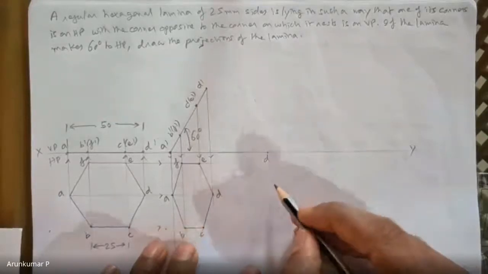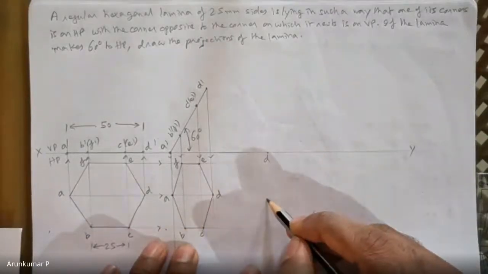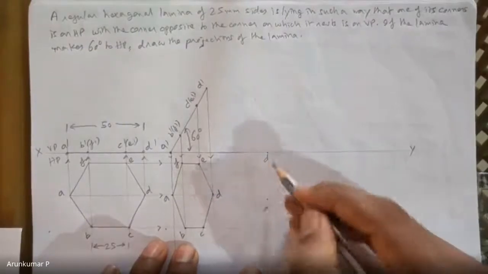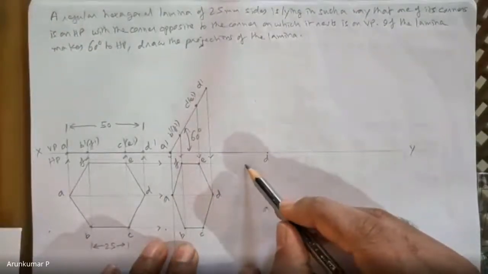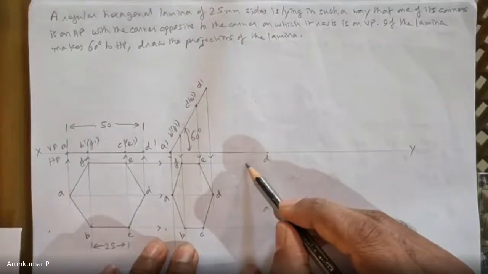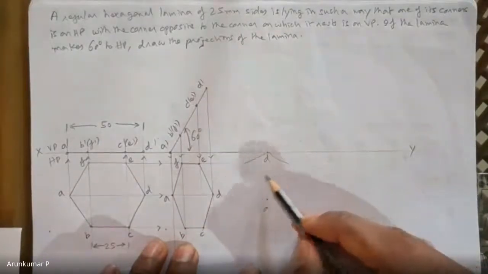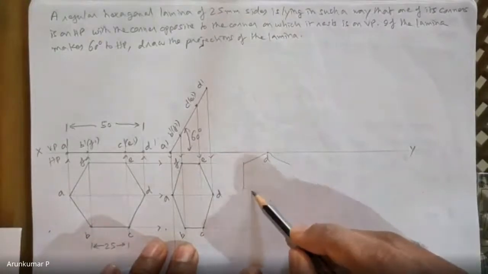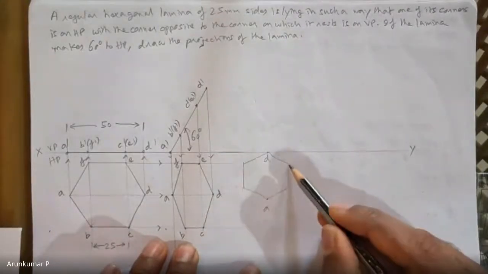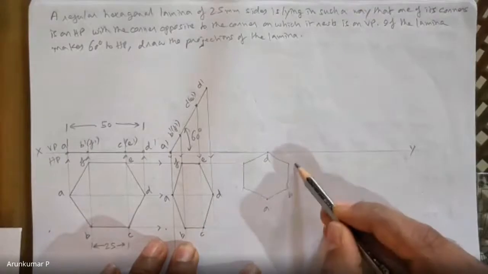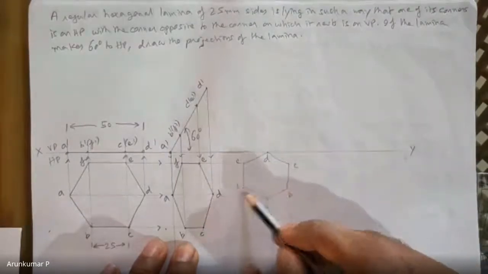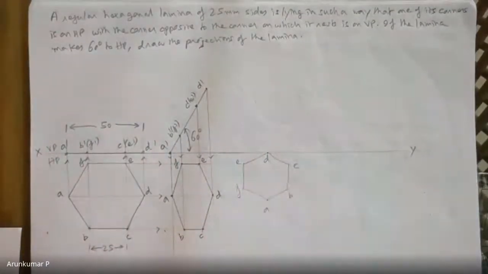So roughly this is how it would look like. Maybe A here. So B, C, D, E, F. This is how it should look like.